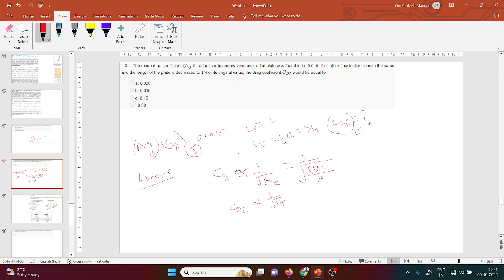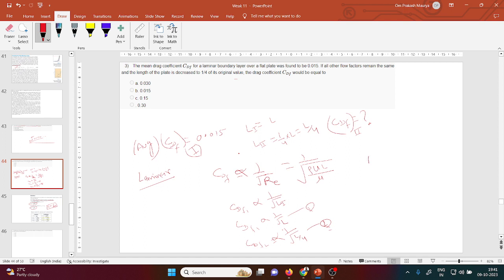CDF1 is proportional to 1 by root L, and CDF2 is proportional to 1 by root L by 4. Equations 1 and 2, just for your understanding.